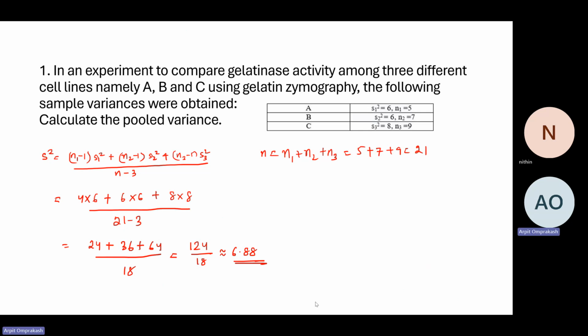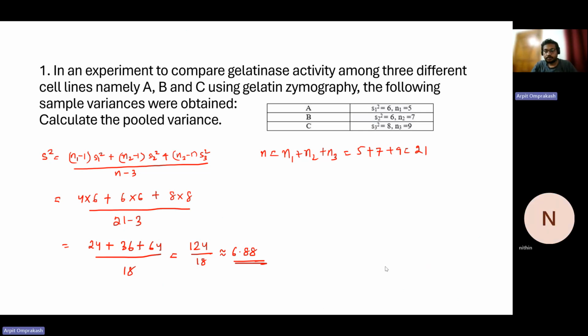So, one-tail and two-tail tests of hypothesis. We have basically a distribution like this.